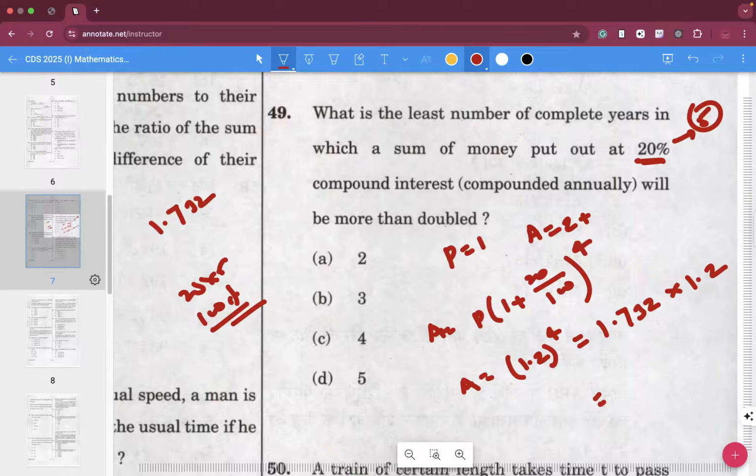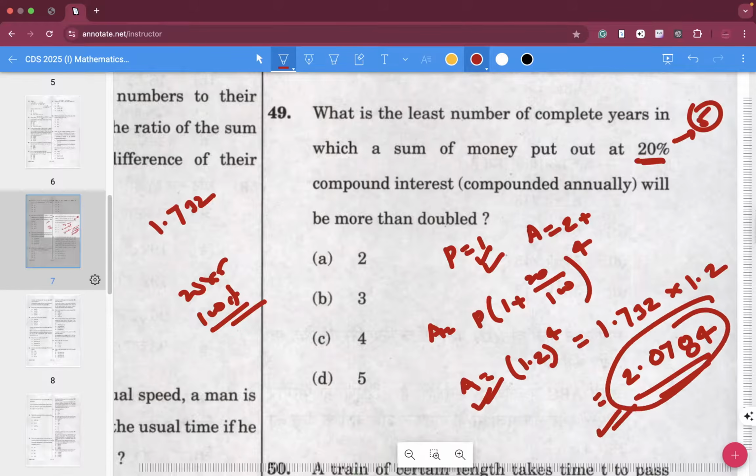If you calculate this, the value comes out to be 2.0736. So principal was 1 and now the amount is more than 2, isn't it? So what is the least number of years which was required to get it doubled over here? It is 4 years over here, folks. How many years? 4 years.